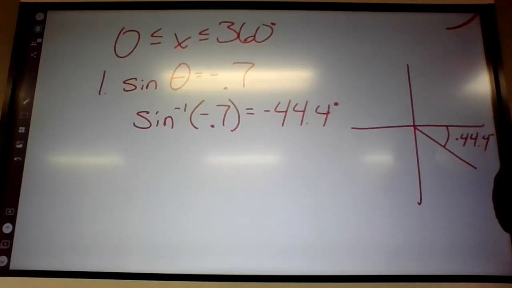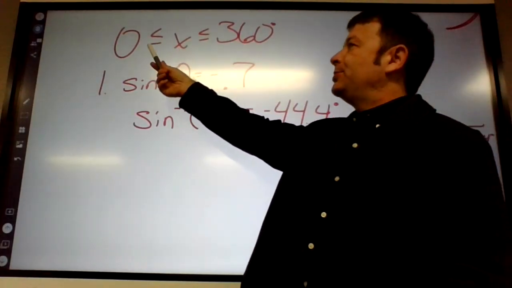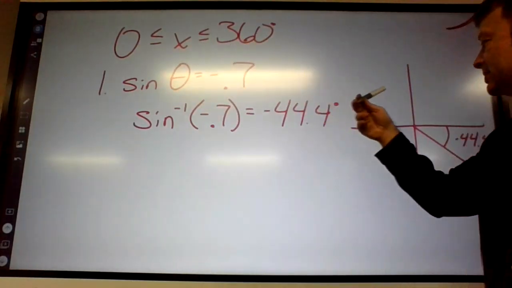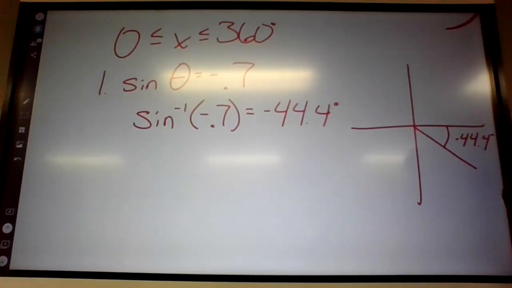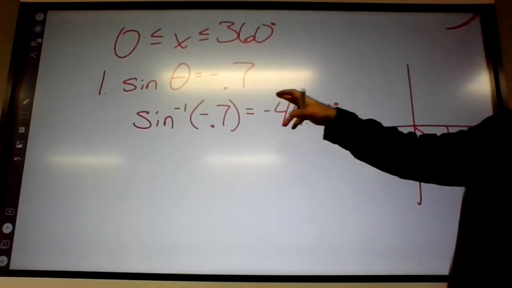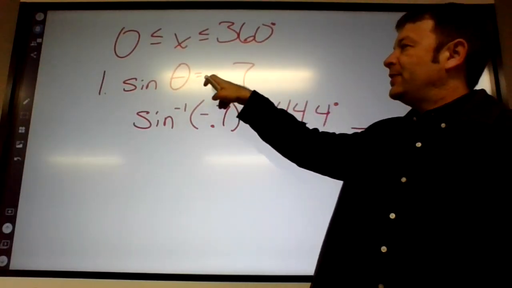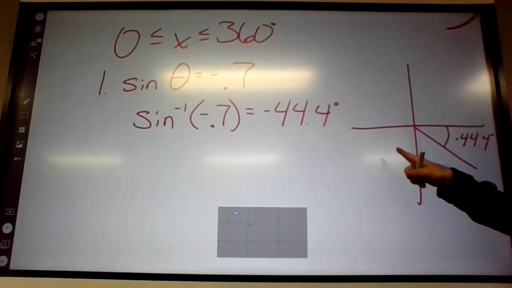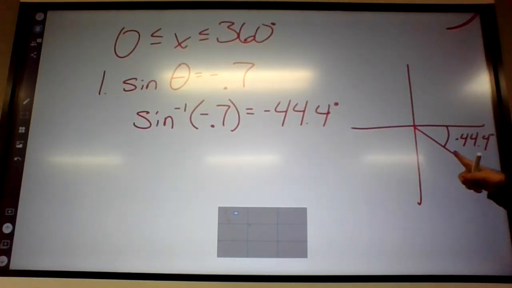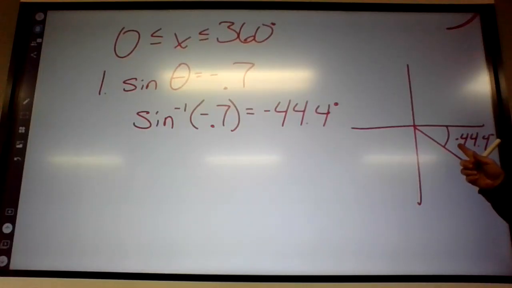However, they want all the answers that are between 0 and 360. So, no negatives, basically. What quadrants is sine equals something negative in? Quadrants 3 and 4. So we do want a fourth quadrant angle, but it's got to be between 0 and 360 instead of like negative 44.4.